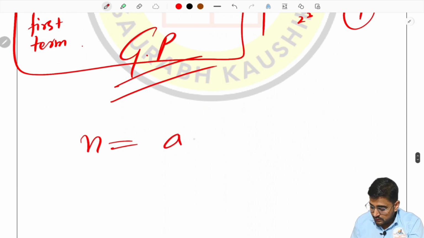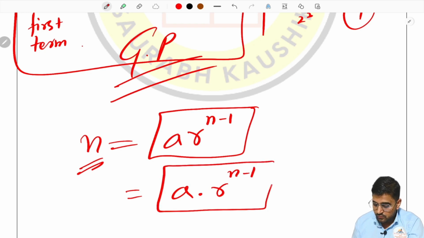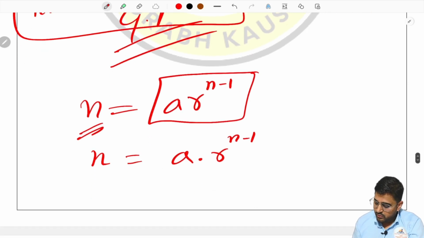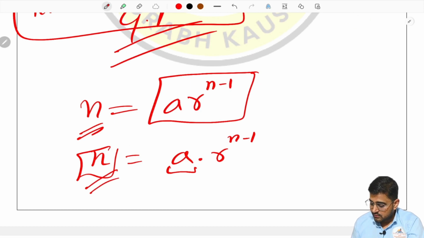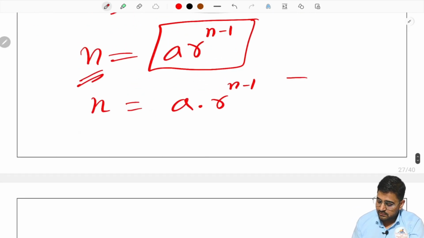Here it is in the ratio and in a power, and the power plays the game. Just remember this. If you have to find the nth term, just do a into r to the power n minus 1. You will get the value of the nth term. Or if you have to find a, then this value is given. But generally they ask you to find the nth term or the sum. For the nth term, this is the formula.